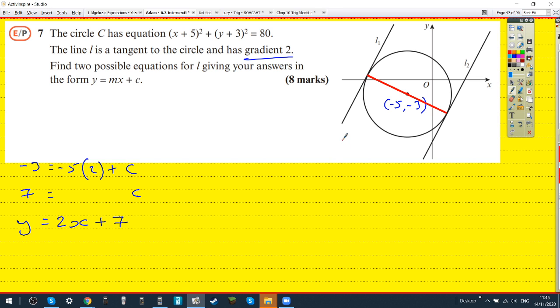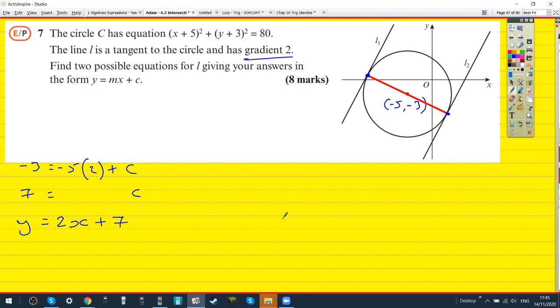We want to find where this red line crosses the two tangents, L1 and L2. So we want to find the points of intersection. How would you do that? Simultaneous equations with the line and the curve.